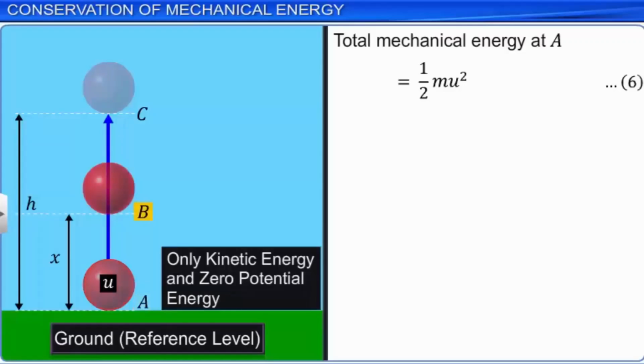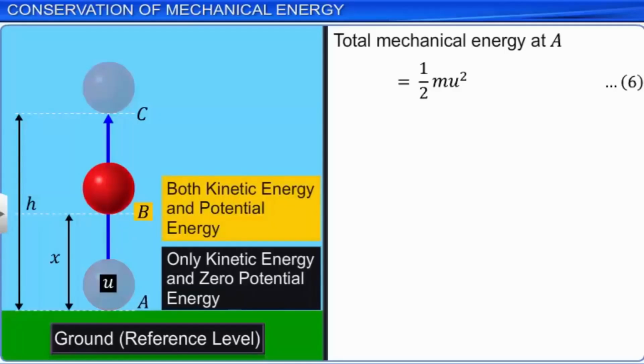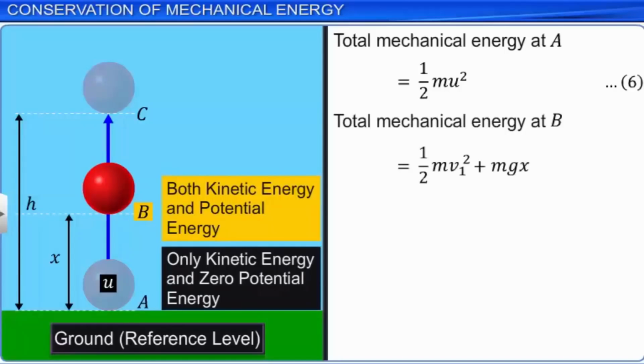At point B, the body possesses both potential and kinetic energies. The potential energy is mgx and the kinetic energy is half m v1 square, where v1 is the velocity of the body at position B. Total mechanical energy at B is denoted by equation 7.